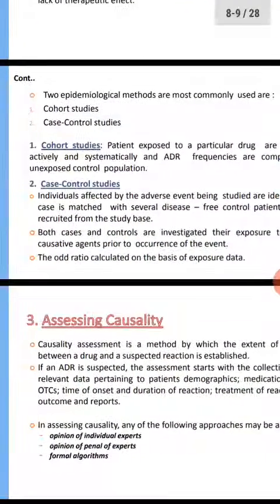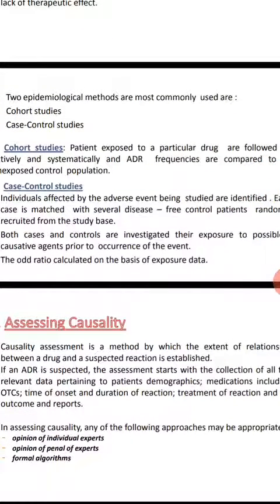One more thing is, one cohort is the control, and one cohort is the patients who are exposed to the particular drug. So the patients are of two types: one group is receiving the drug, and one group is not receiving the drug.